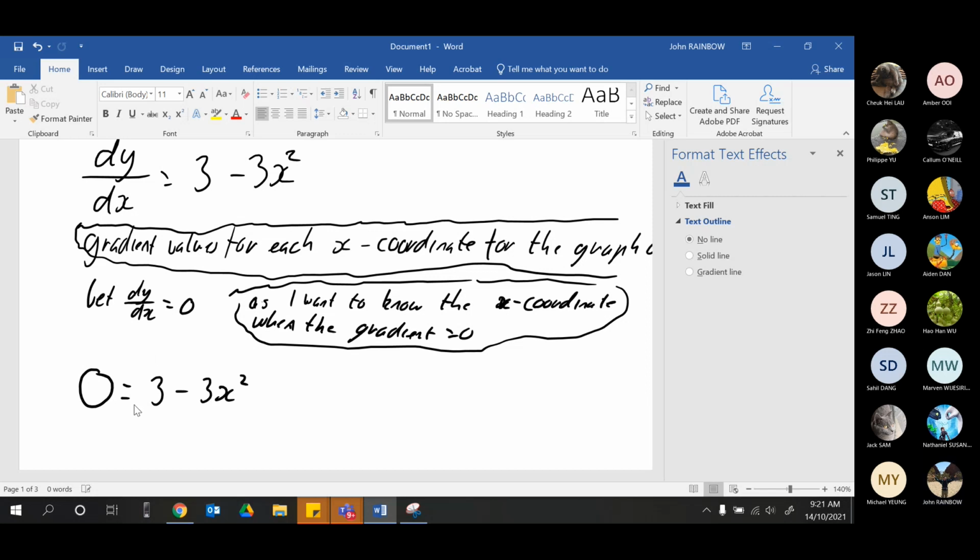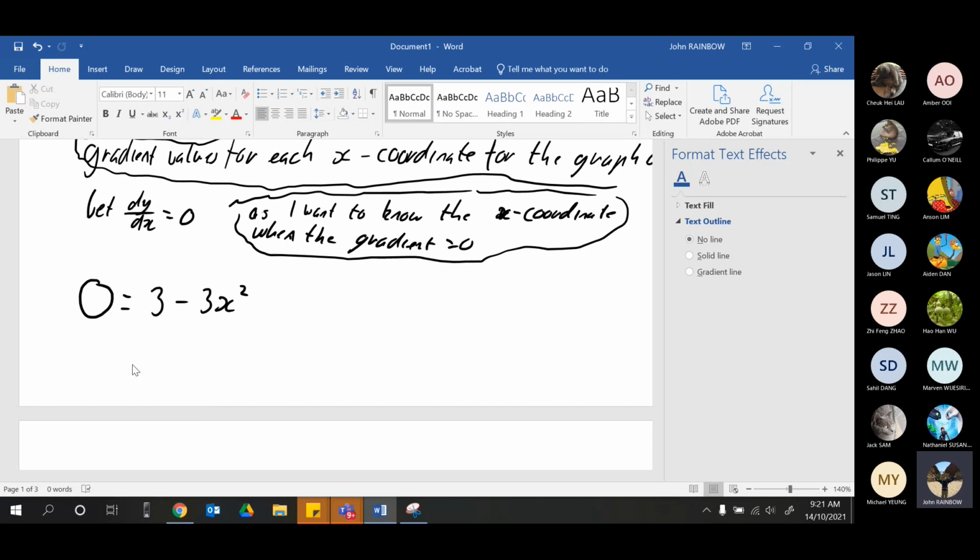Well, now we can factorize this, right? Or you can solve it using all the knowledge that you know about quadratics. So we're just going to make it 3x squared equals 3. Divide by 3 on both sides. x squared equals 1. x equals plus or minus the square root of 1.